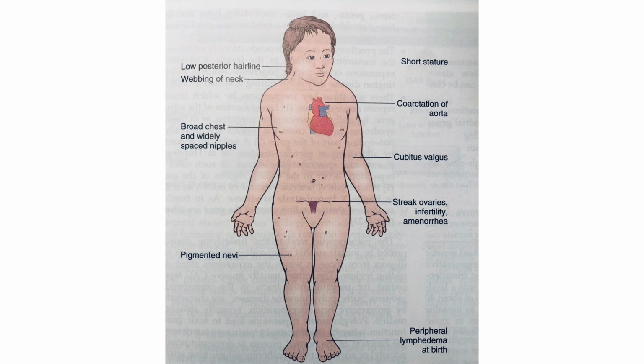There's a low posterior hairline, webbing of the neck, short stature, coarctation or narrowing of the aorta, broad chest, widely spaced nipples, a cubitus valgus where the arm is abnormally bent outward and flails away from the body at rest. Streak ovaries, which are fibrotic ovaries. There's no oogenesis occurring. Infertility, amenorrhea without periods, pigmented nevi, and peripheral lymphedema at birth.